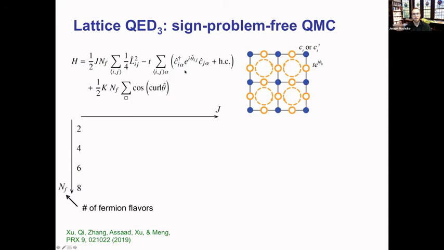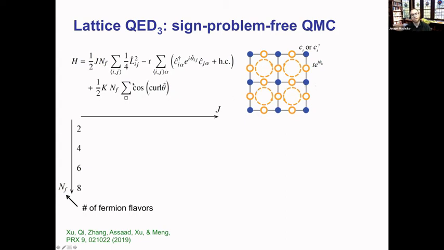Okay, and these fermions are coupled to this rotor variable that lives on the links of the lattice. And then there is this first term here, which depends on the angular momentum operator conjugate to the rotor variable. So you can think of this as some kind of electric field squared term in the Maxwell Hamiltonian. And this is the cosine of the lattice flux, the flux per plaquette of this rotor variable.